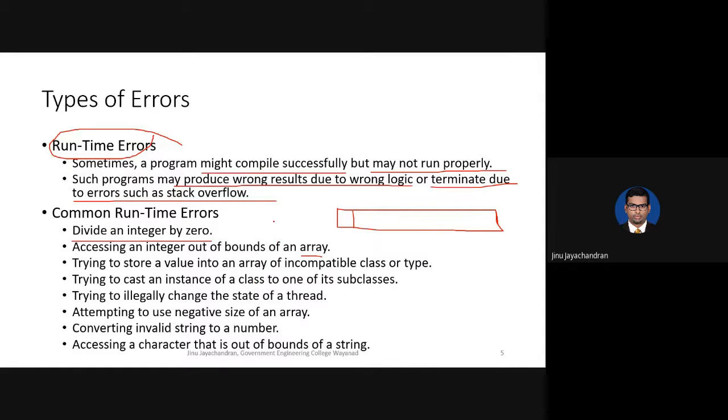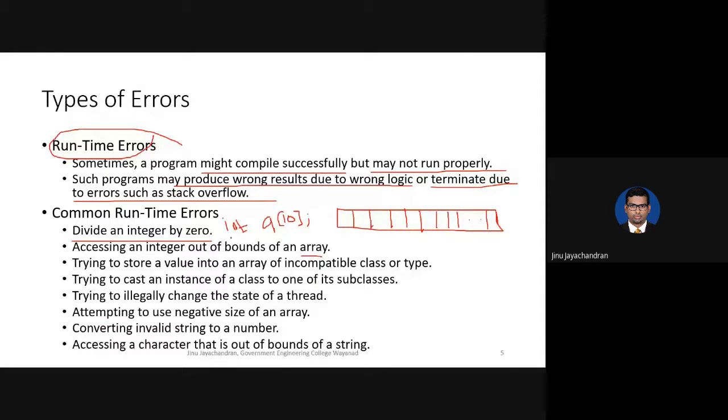If you declare an array, for example, int a of 10, this is how you declare an array: a in square brackets 10. When you declare an array like this, the system will allocate 10 memory locations for you, which are continuous, meaning adjacent memory locations.